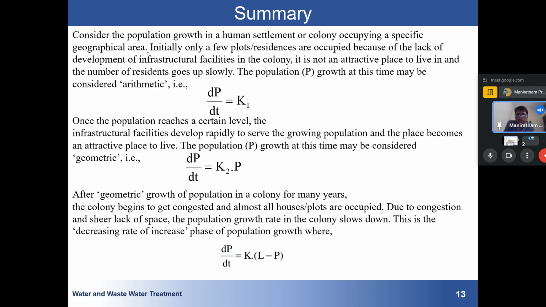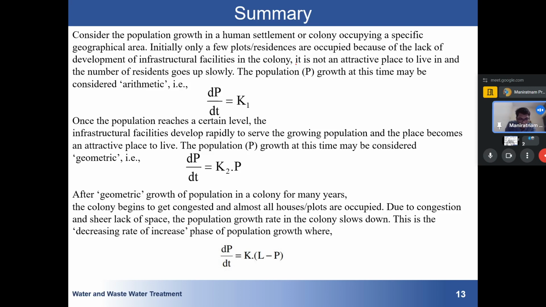Remember, there was an open area with no population. Now humans have gone there and started to occupy that area. Initially only a few plots or residences are occupied because of lack of infrastructure facilities in that colony. So initially the number of population will be very low because there is no infrastructure, no development.